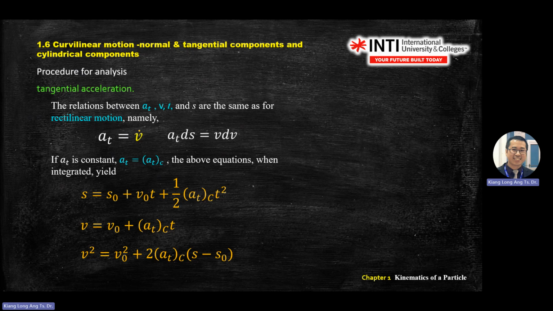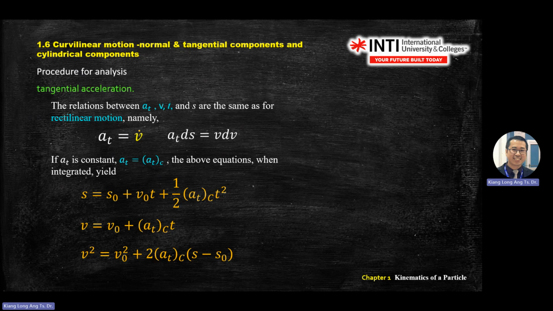So you are seeing these three equations. There's only one condition to use these three: acceleration must be constant. You can use this only when acceleration is constant. How do you know acceleration is constant? You do all the differentiation, and at the end you arrive at one number.